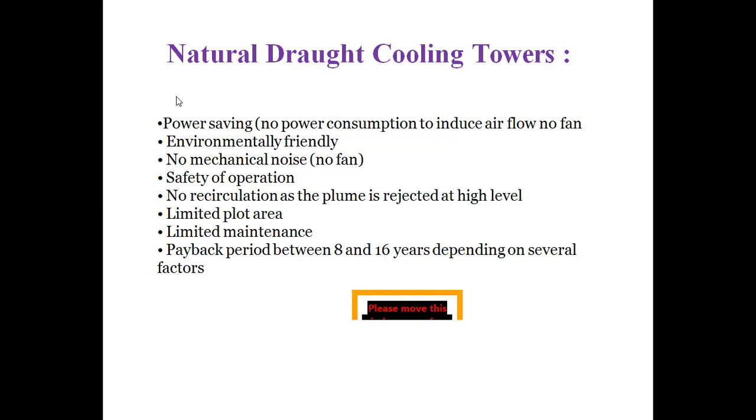So there is no power consumption, and there is no mechanical noise because no fan is used. It is safe for operation, there is no recirculation as the plume is rejected at a high level, limited plot area and limited maintenance are required, and the payback period is between 8 to 16 years depending on several factors.